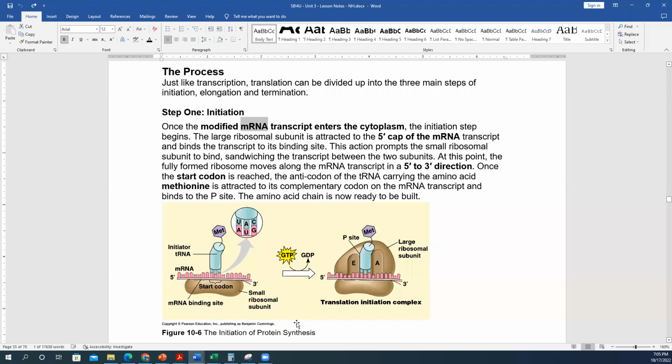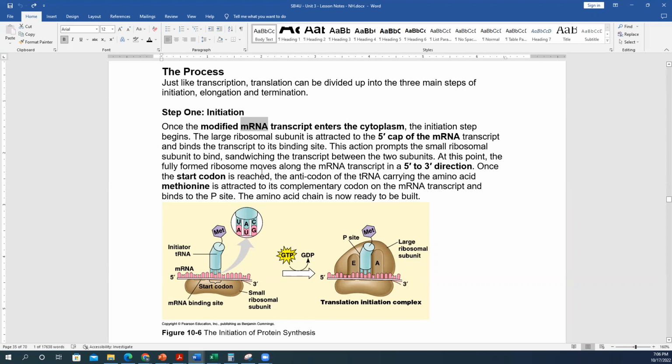So once that modified mRNA, that post-transcriptionally modified mRNA with its 5' cap and its poly-A tail and all the introns excised out, once that modified mRNA transcript arrives from the nucleus into the cytoplasm, the initiation step begins.